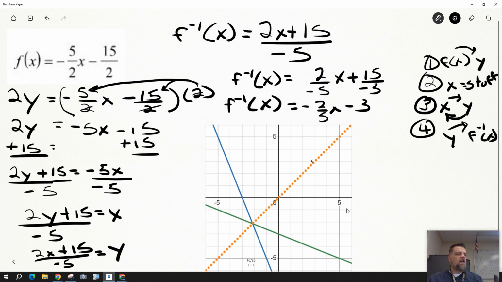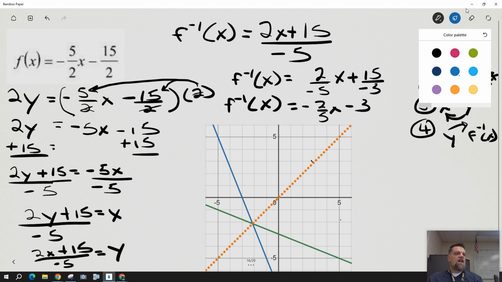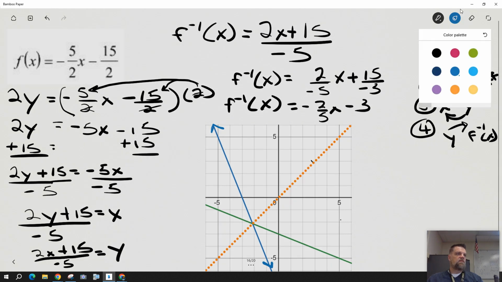Now keep in mind, Mr. Adams is always labeling the functions and stuff, but you do not have to graph the diagonal. Some kids on their homework were getting the problems wrong because they were graphing the diagonal and they didn't have to. That's not required. I just do it as a way to double check some things.